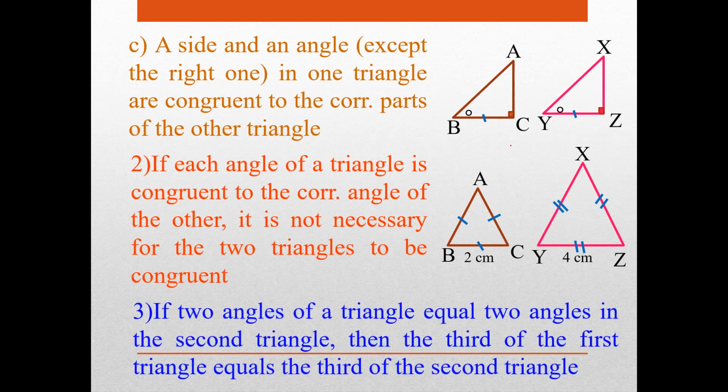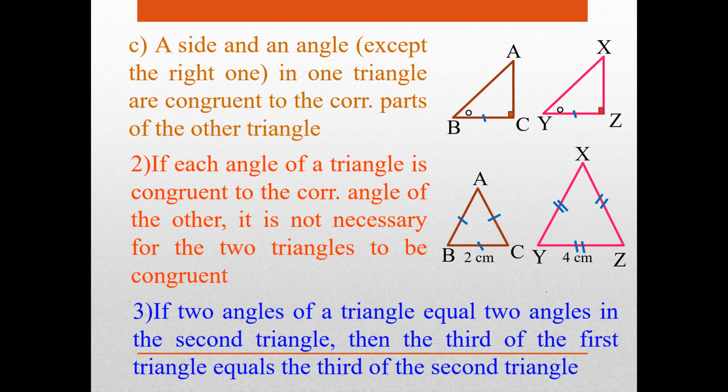But if the three angles in the first triangle are congruent to their corresponding angles in the other triangle, it's not necessarily congruent. We don't have a case with three angles.